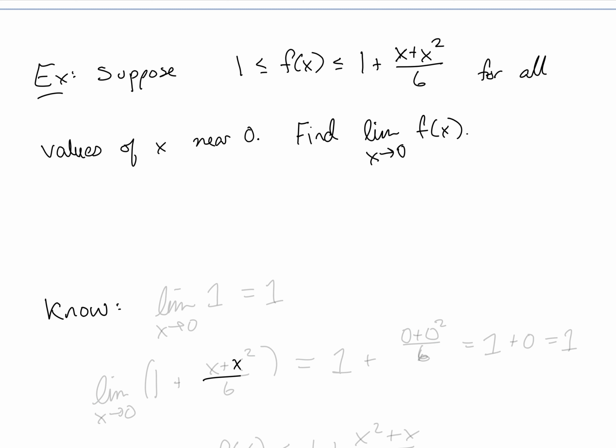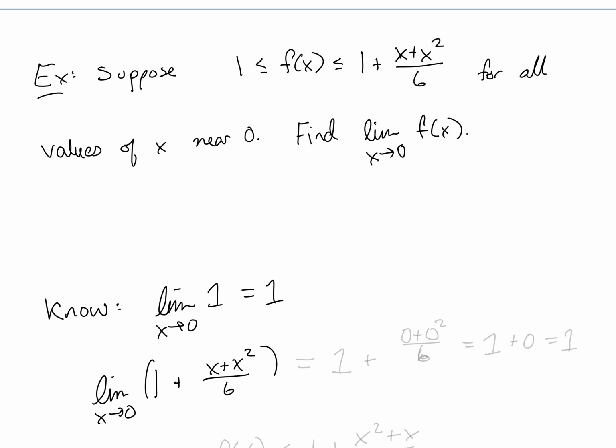We just know ahead of time that f of x is squeezed between two functions. Let's think about the behavior of each of those functions as x approaches 0. So 1 is a constant. We know that the limit as x approaches 0 of 1 is 1. And what else do we know? The other function, the limit as x approaches 0 of 1 plus x squared over 6.